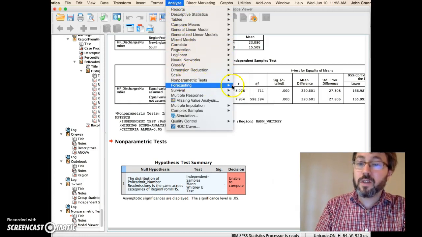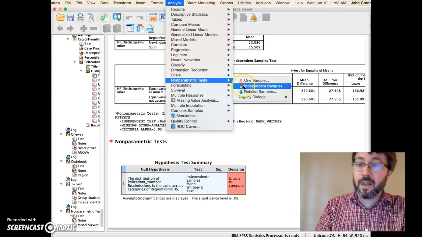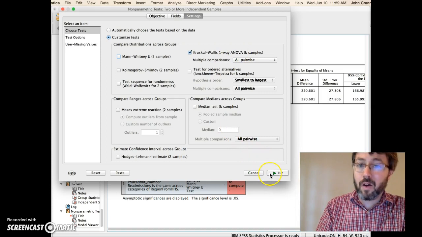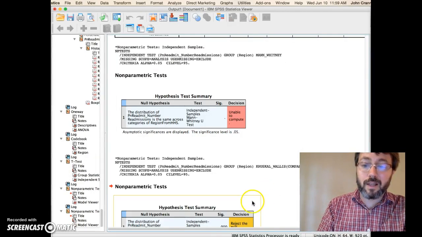So let's do all groups. That's the independent sample test under non-parametric. And instead of the Mann-Whitney U, we're going to do the Kruskal-Wallis test. So you can see here, we call that the one-way ANOVA of K samples, or an unknown number of samples. So now the Kruskal-Wallis will let us test the difference in multiple samples within one test.